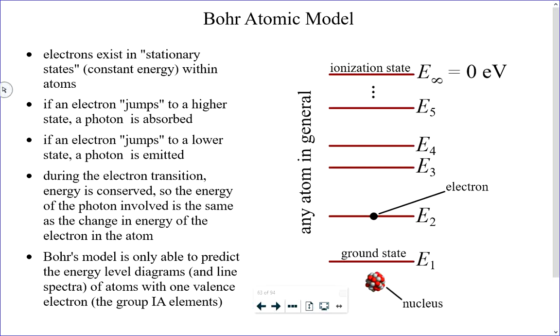Hydrogen, lithium, potassium, rubidium, cesium, they all follow that same pattern. But the mathematics to explain something like helium, which just has two protons in the nucleus, escalates out of control. It's absolutely out of control.